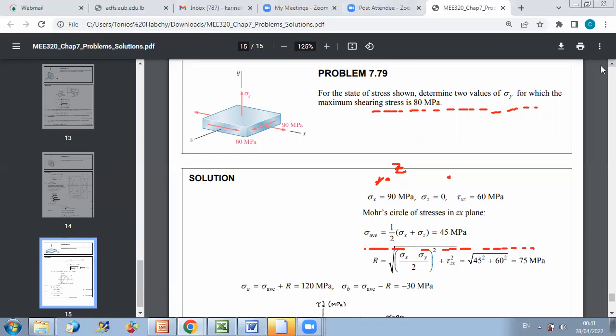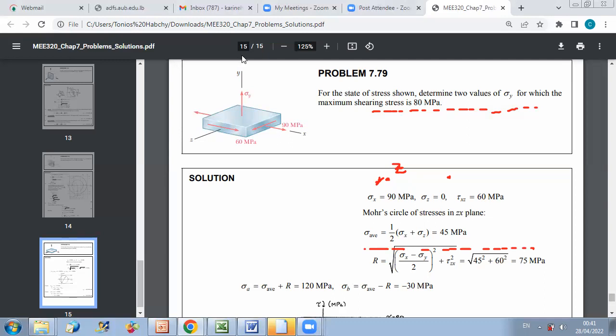Here, I have the case of 3D stress. It's not a 2D stress because I have stresses in all directions. I have sigma x equal to 90, sigma z is 0, but I have that tau xz is equal to 60 megapascal.